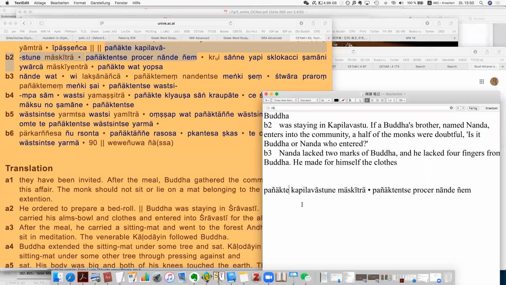So this is Buddha, or to be specific, Buddha God. And then Kapilavastu, from Kapilavastu, and this is a place name. And ne is a locative, so this is actually locative singular.